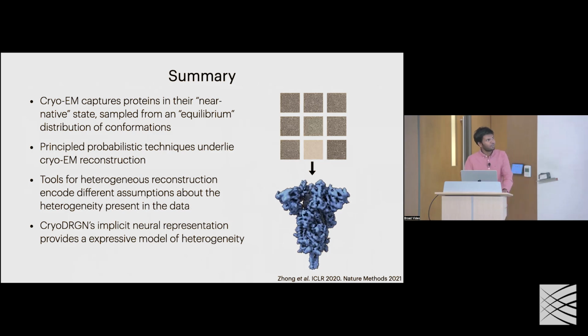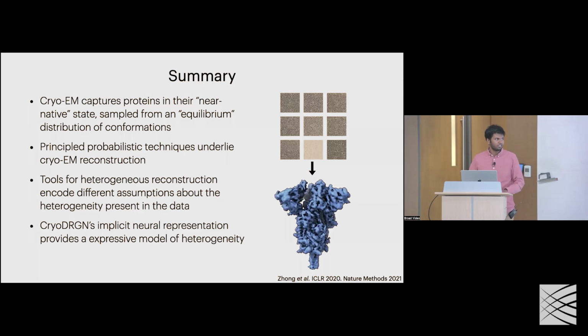Okay, so to summarize, cryo-EM is a very powerful experimental technique, especially when it comes to dynamic proteins, because this freezing process captures them in a near native state, this equilibrium distribution. We talked about the probabilistic techniques underlying classical reconstruction, which provide the core principles, which then motivate this new class of heterogeneous reconstruction methods, which has emerged over the past few years.